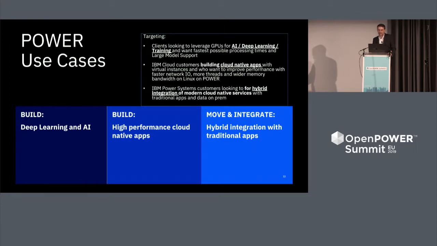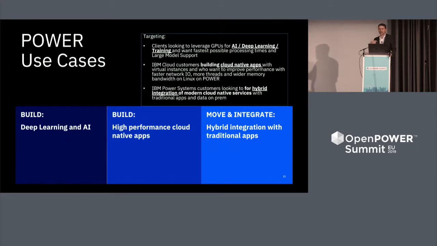So we're targeting clients that want to leverage the GPUs for deep learning, and they want the fastest processing times. We're targeting those customers that are going to build their cloud-native applications from the ground up here.